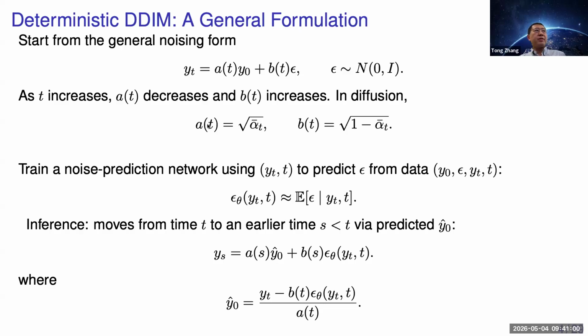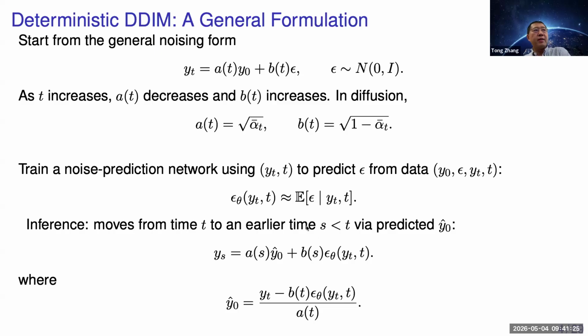Using this formula, you get Y0 from YT, and once you have Y0, you plug that in to get Y at, say, T minus 1 or whatever. But T doesn't have to be T minus 1. It's TS because in flow matching, T is between 0 and 1, right? So it's not an integer. It's a continuous T.